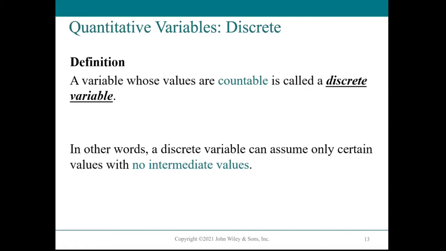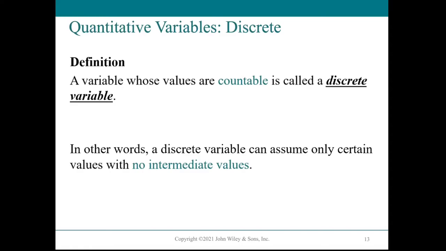Basically, some people simplify it as whole number values, but it doesn't really have to be a whole number. For example, your grades in Mapua are discrete values, for the course grade. They are discrete variables because we have 1.00, 1.25, 1.5, 1.75, 2.0, 2.25, 2.5, 2.75, and 3, then 5.